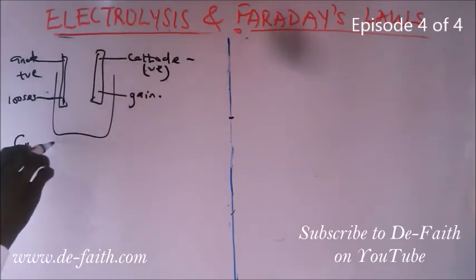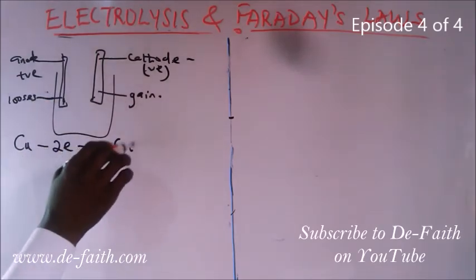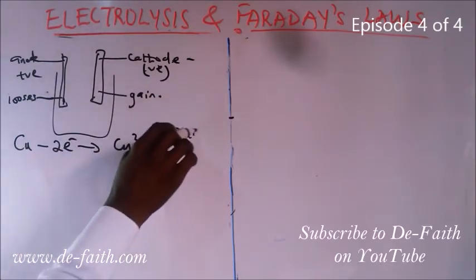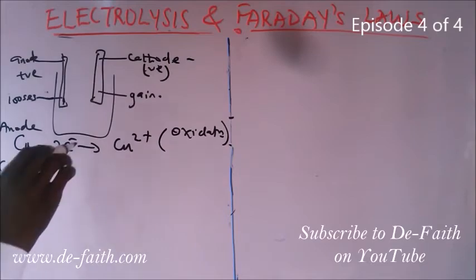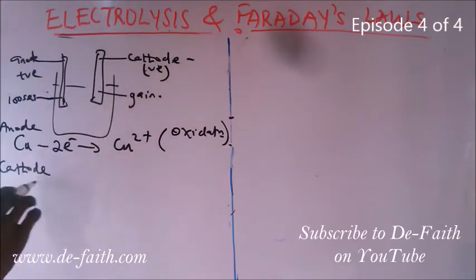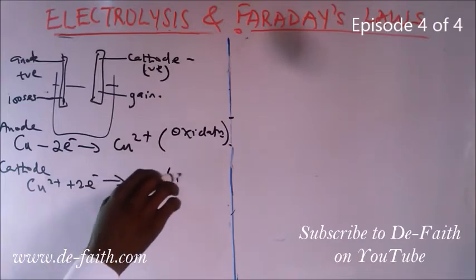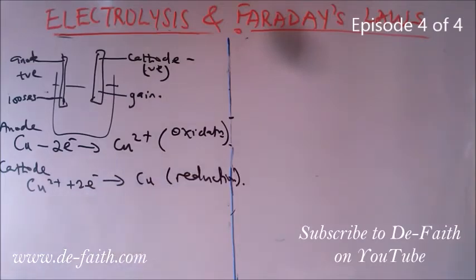So we have the copper losing 2 electrons to become Cu2+, and this is called oxidation. Whereas at the cathode, the copper ion gains 2 electrons to become copper solid, and that is a reduction reaction.